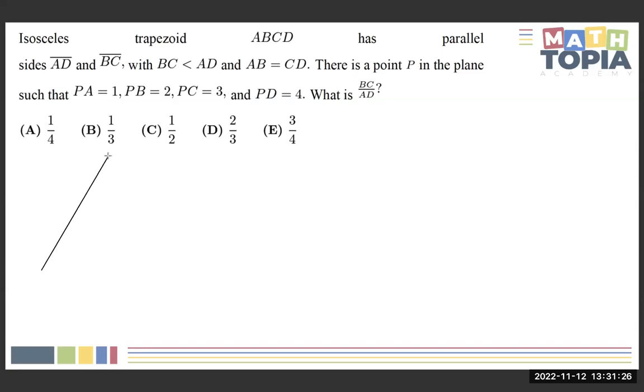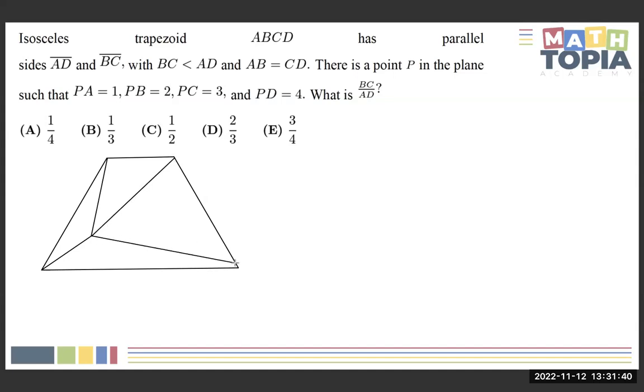So let's draw a diagram. All right, so we have an isosceles trapezoid, and we have these 4 lines that connect to P, right?